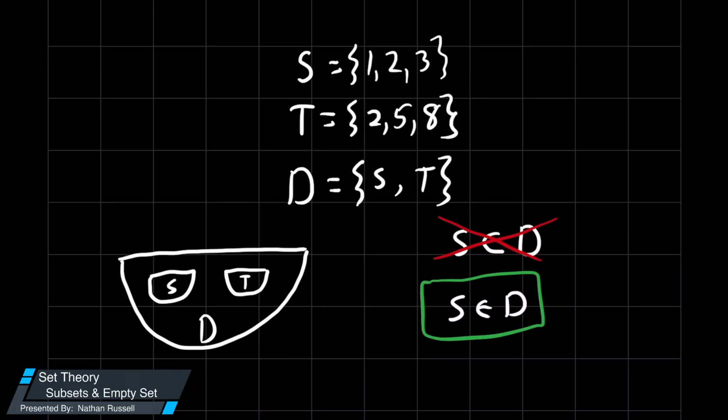Make sure you understand the subtle differences here. D is a set containing other sets, but those sets are not subsets. Those sets are elements of D. This can get a little confusing. It takes a little practice to get used to, but you'll eventually master it.